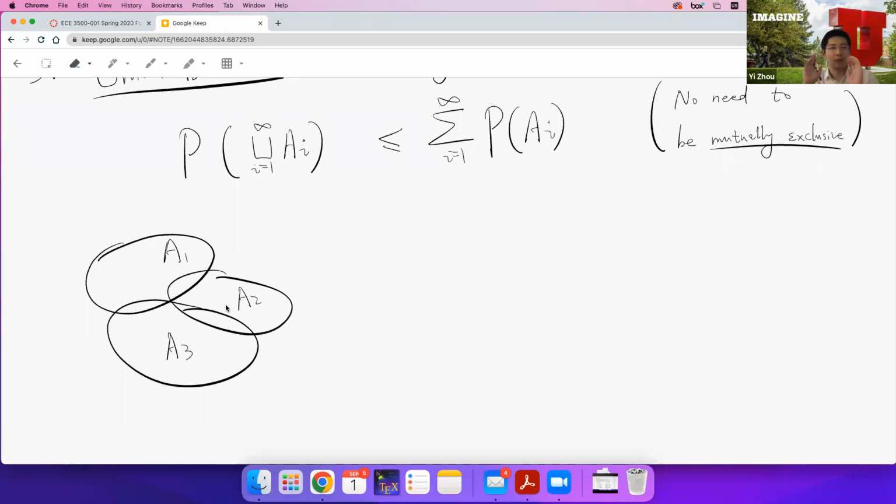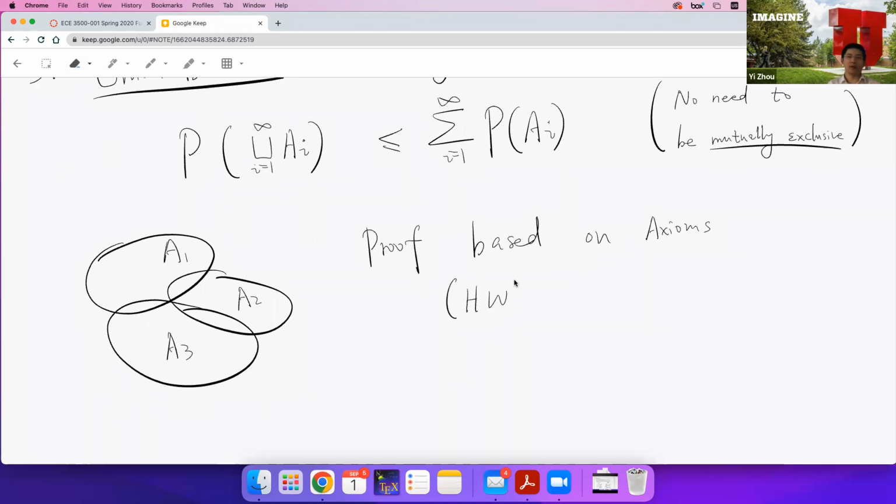That's the intuition, but we need to prove this based on the three axioms of the probability law. And this is part of your homework assignment.